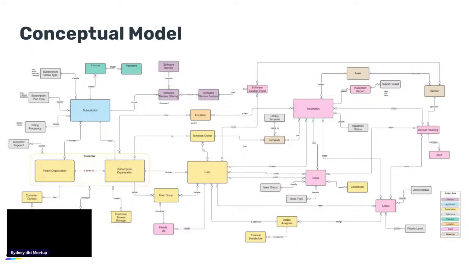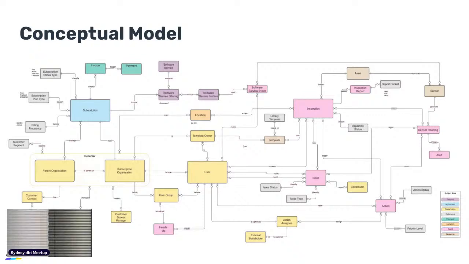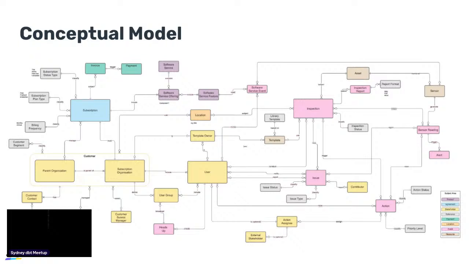But one of the first things I did was to create this conceptual model. The conceptual model is really intended to be a very high-level picture of the things that we care about as a business. What are those entities? What are the relationships between them? And as I was building this, I was also writing definitions for things because I'm sure you've all had the situation where people use different terms to mean the same thing, or they use the same term to mean different things.